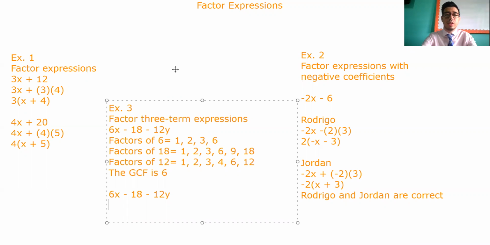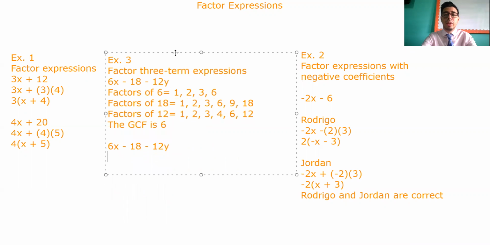The greatest common factor is 6, so I'm going to take out the greatest common factor. 6 times x minus 6 times 3 minus 6 times 2y.